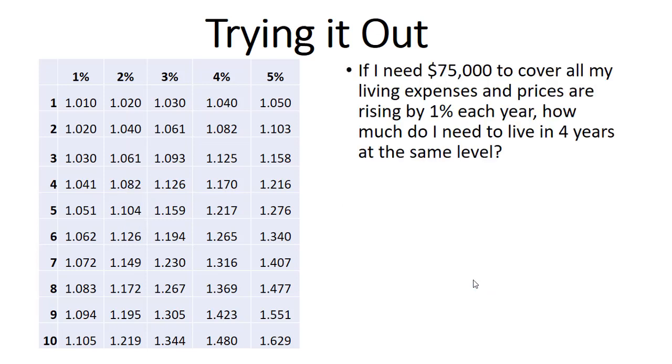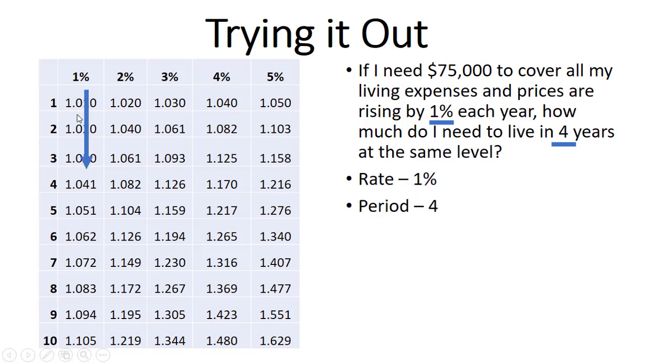The next one we're going to look at was if I need $75,000 to cover all my living expenses and prices are rising by 1% each year, how much do I need to live in 4 years at the same level? So we're looking for our two pieces of information that we need to go to our time value chart. We need 1%, the rate, and we need the time periods. So 1% is the rate. The period was 4 years.